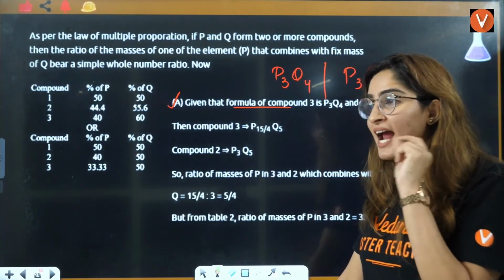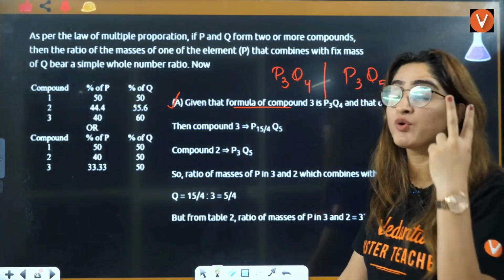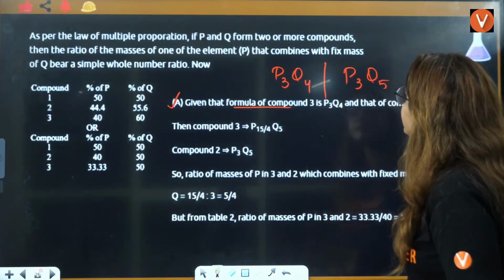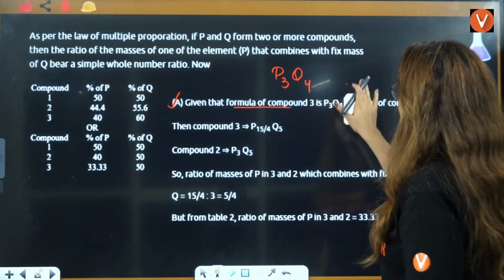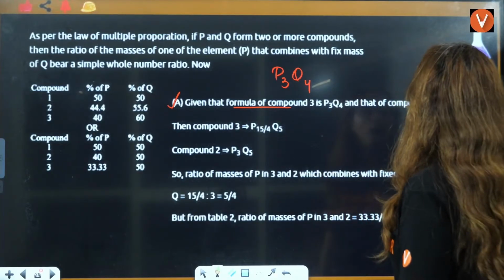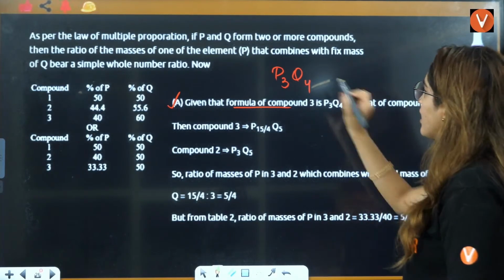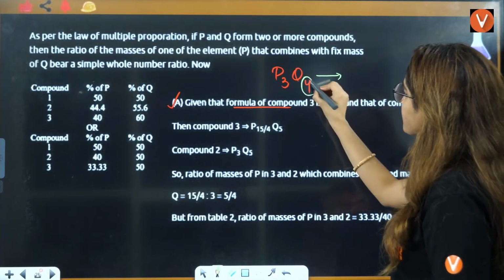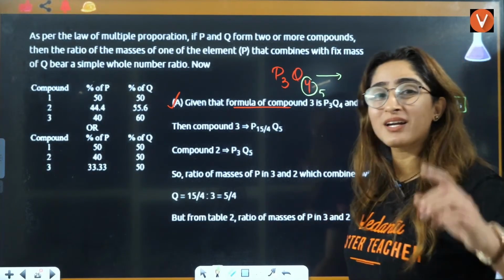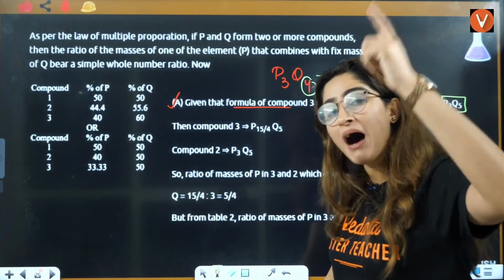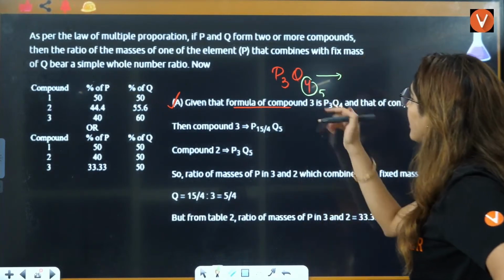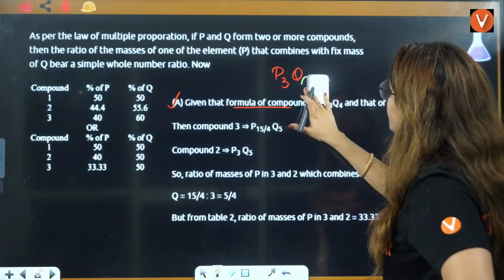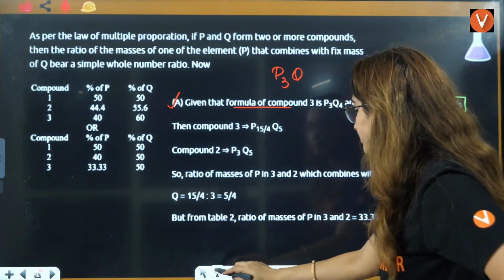So to verify this statement, you have to go through two things. One is, by applying the law of multiple proportion, see, compound number 2 is P3Q5. I also want to make this 5 so that I can see what is the ratio of masses of P, right? So here, this is P3Q4.